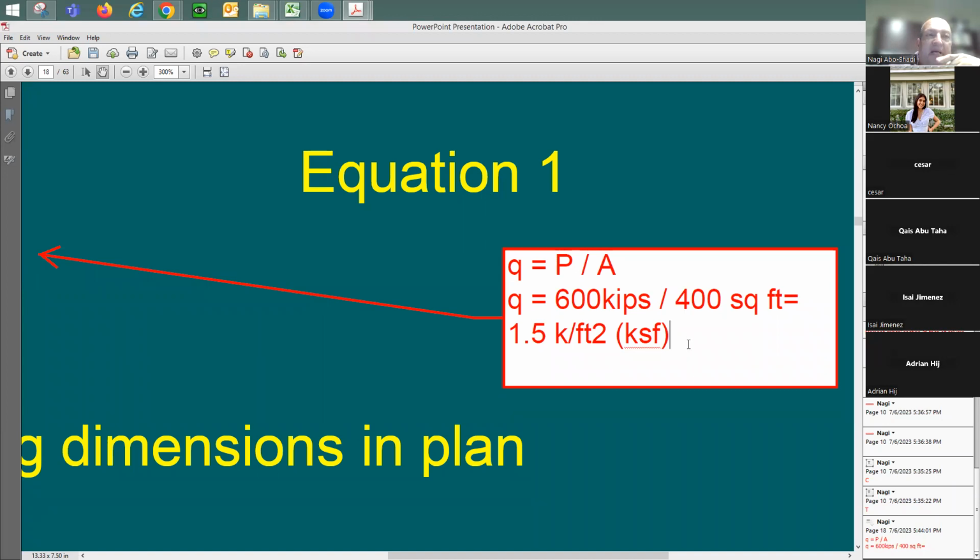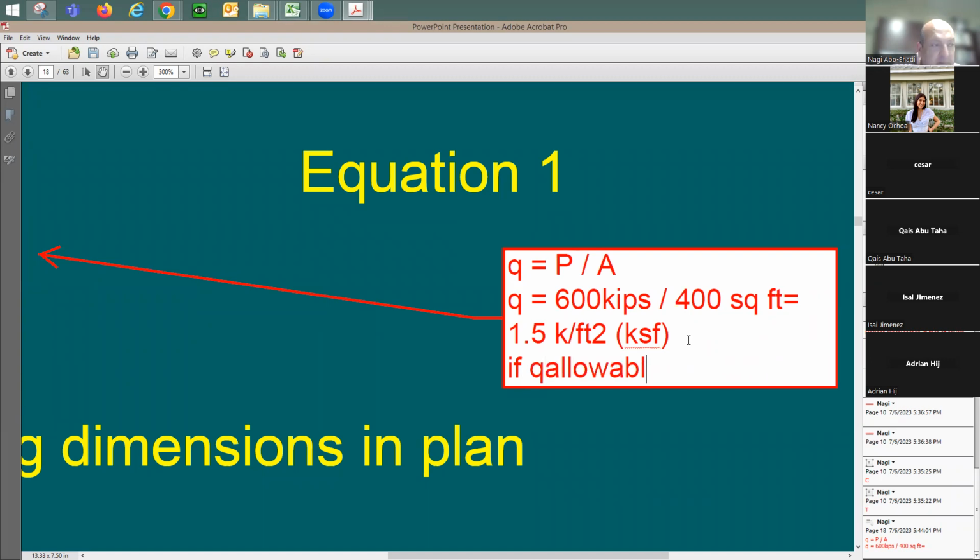You better be sure that the allowable soil pressure is going to be higher than 1.5. So in this case, we call this Q sub allowable. If it is, let's say, 2 KSF, 2 kip per square foot, then you are okay.